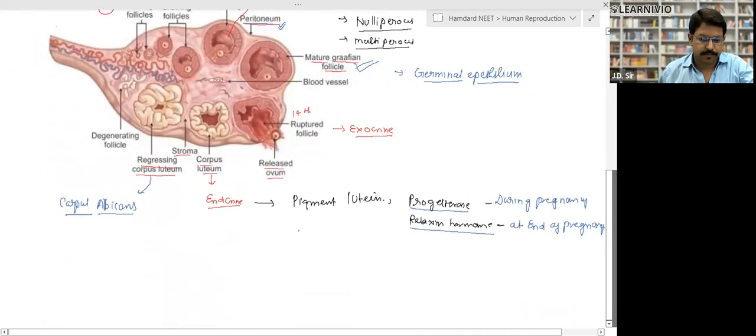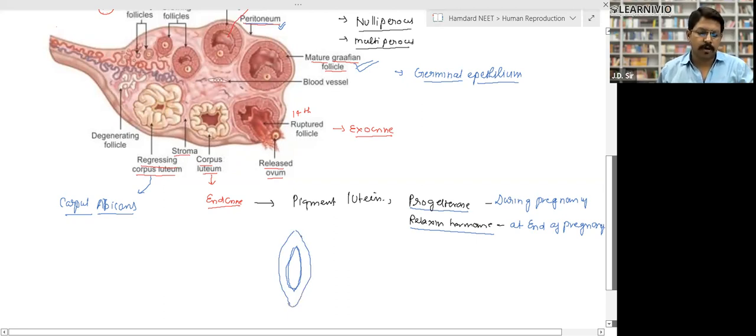Actually, there are two coverings. This is the external structure of the vagina. The inner covering is called labia minora, and the outer covering is called labia majora. So there are two layers.